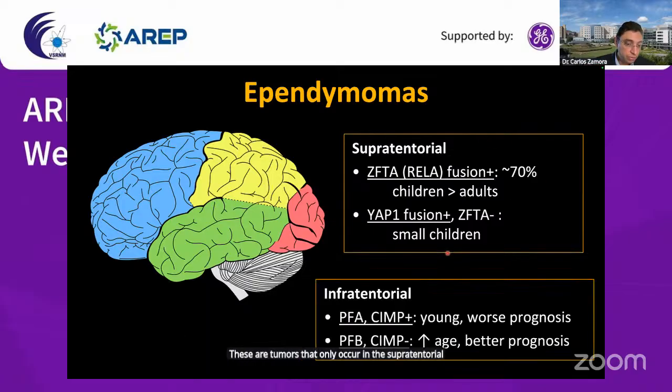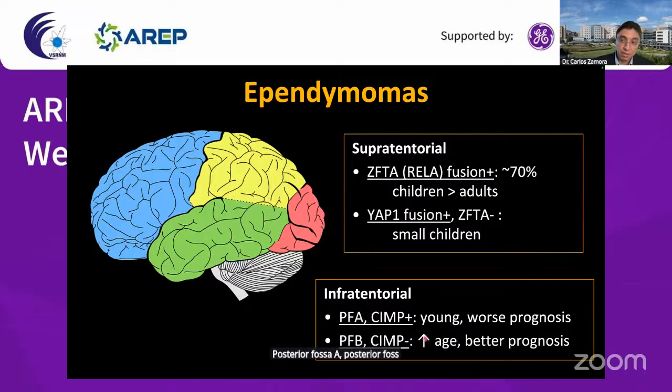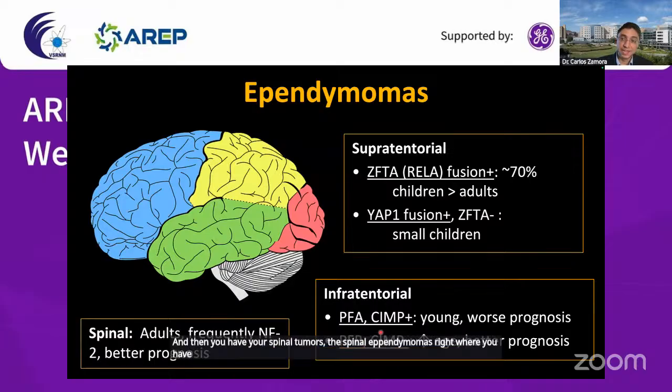There are other types of tumors with different mutations that only occur in the infratentorial region, posterior fossa A, posterior fossa B. Depending on the type of mutation, they're going to have different prognoses. And then you have your spinal tumors, the spinal ependymomas, right? Where you have mostly in adults, those associated with neurofibromatosis type 2, right?